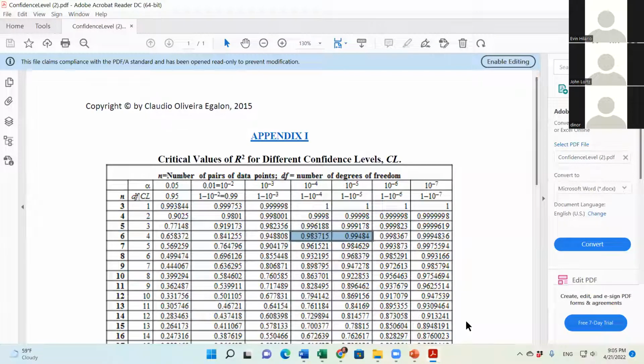Do you agree, Ryan? So what's going to be your CL? The lower bound is going to be this one, and the upper bound is going to be this one here. Those are the two that you have to log for your CL. That's how you use this table. Make sense?